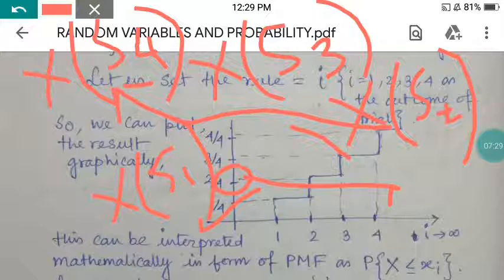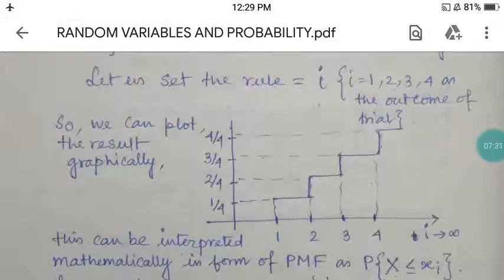Okay. So in this way you are representing the graph. And we can plot the result in this way. For i coming from 1 to infinity, we are having a separate set of points like this. So these are represented in the form of a step function.